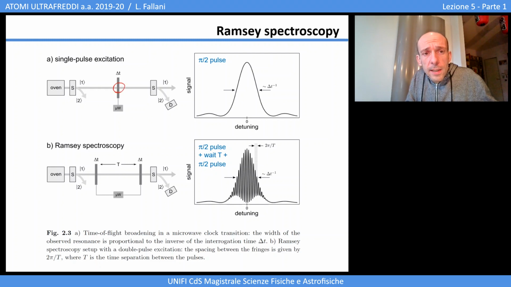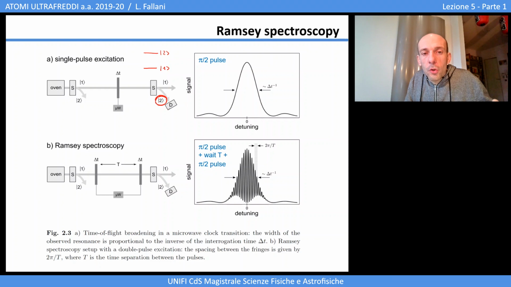This region is a microwave cavity, so atoms can be excited from state 1 to state 2 only when they travel in this cavity. Then there is some setup after the passage through this cavity that is used to detect, for example by deflection, the atoms in the excited state.